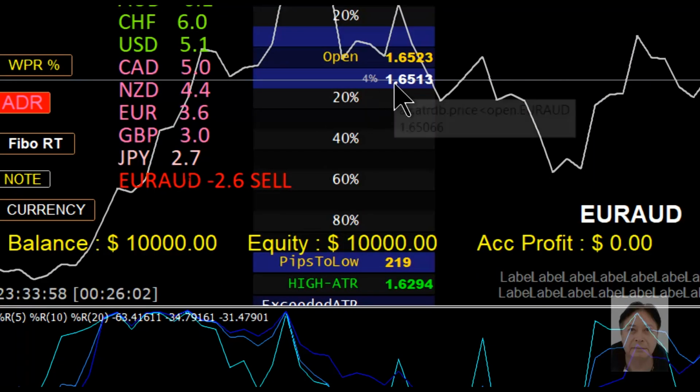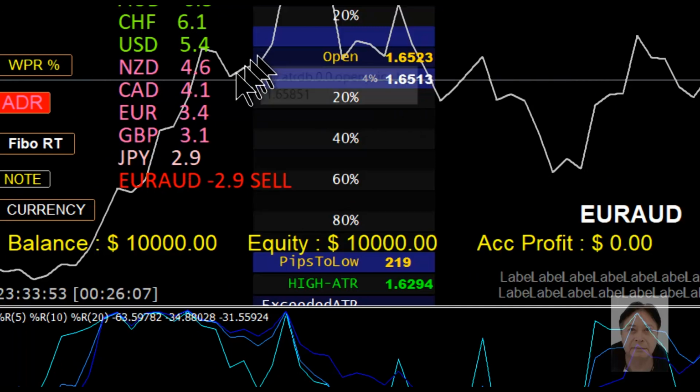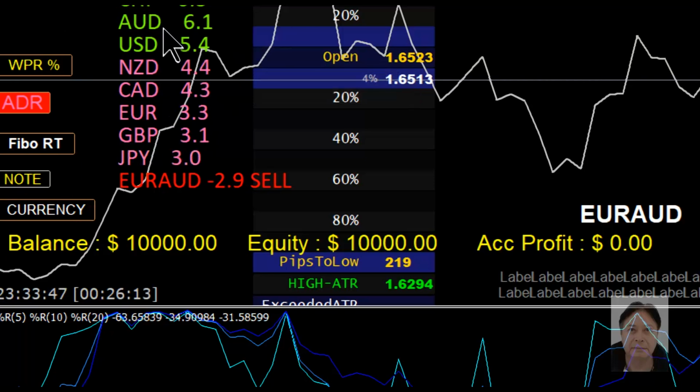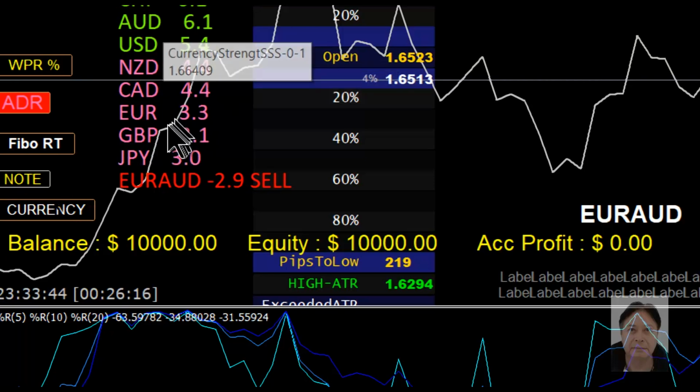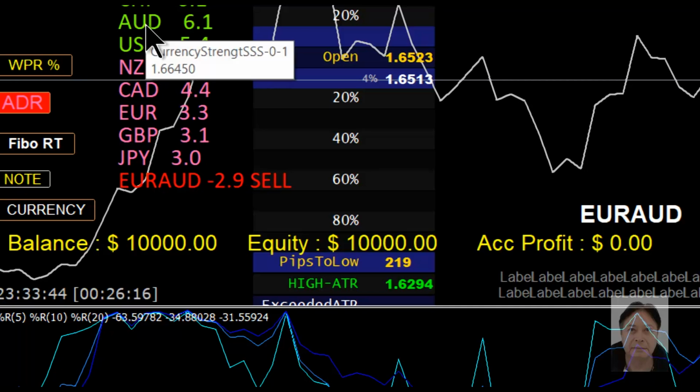It's 4% below the open price, and as you can see, the Australian dollar is at the top here, which is good, and the euro is in the middle here, which means that the Australian dollar is very, very strong.